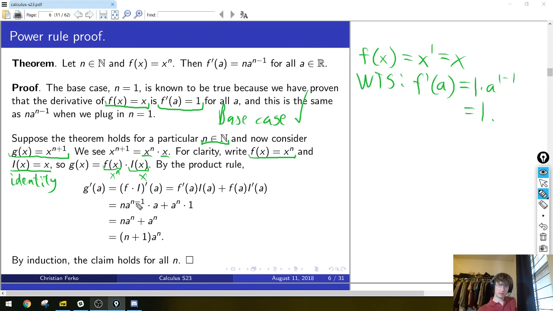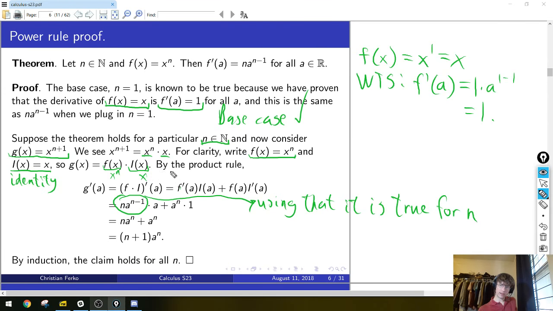Now I plug in the derivatives in each of those pieces. So the derivative of f, which is x to the n, here's where we use our inductive hypothesis. This is where we're using the assumption that it is true for n, because we assumed at the beginning of this paragraph, suppose the theorem holds for n.